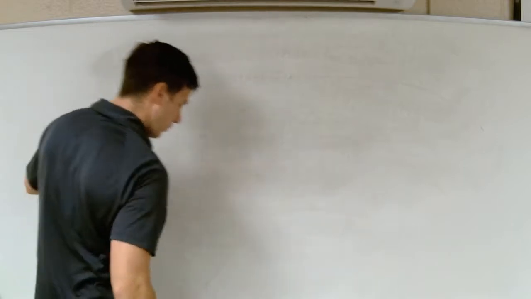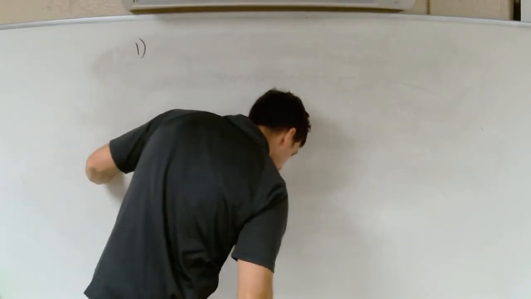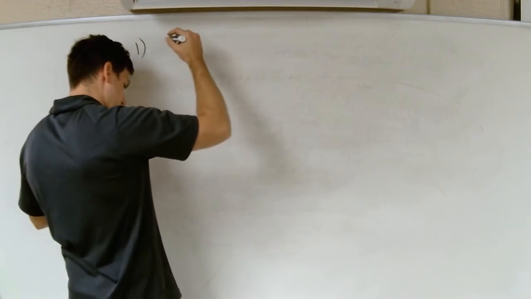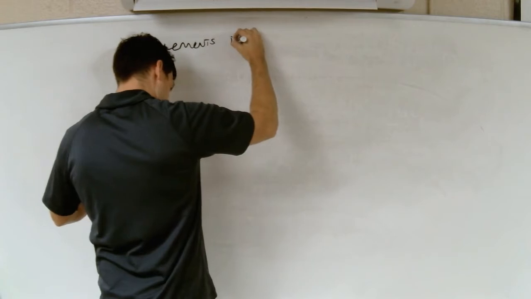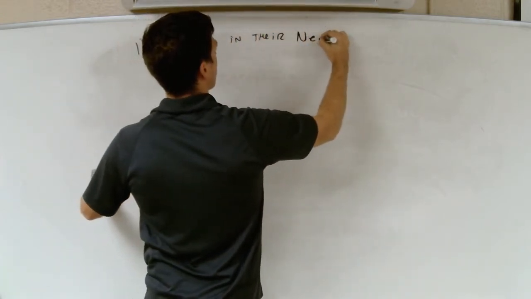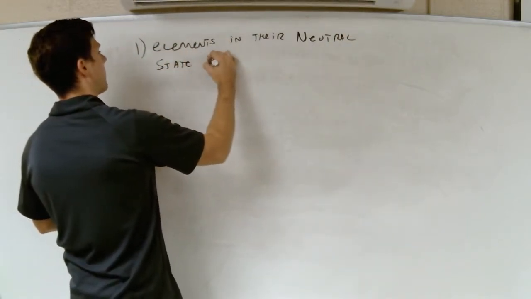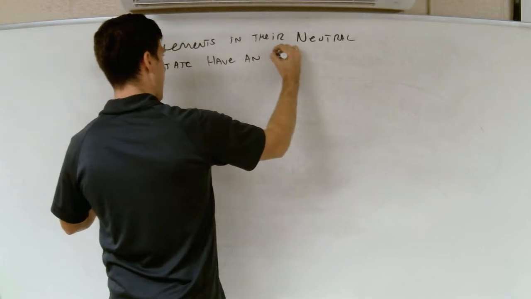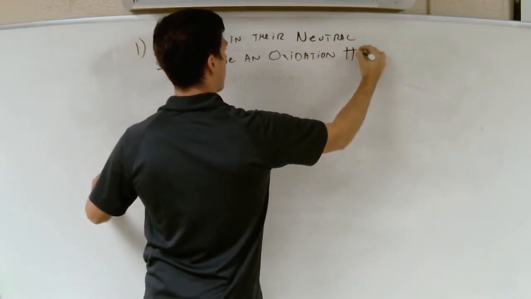And the first rule is elements in their neutral state have an oxidation number of 0.